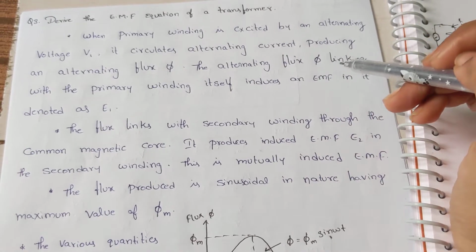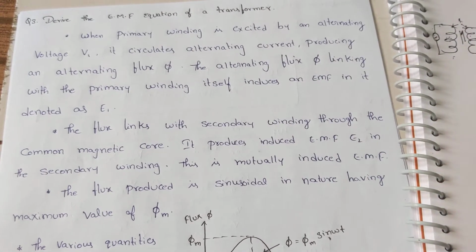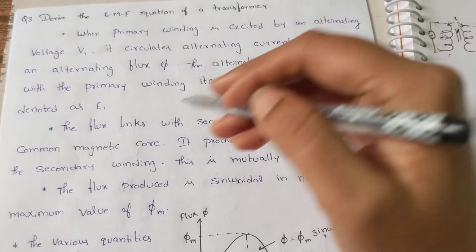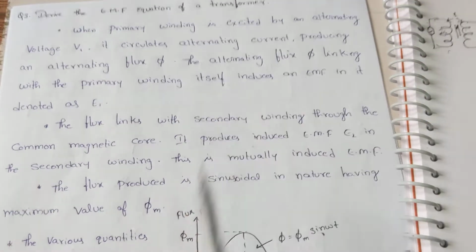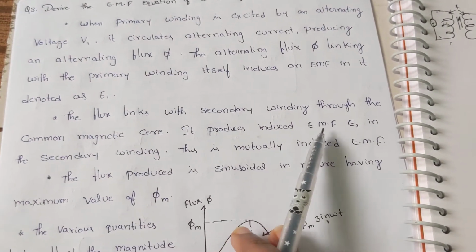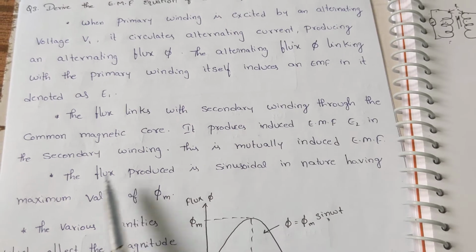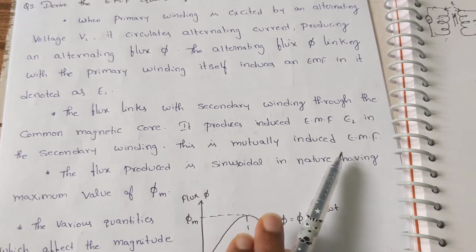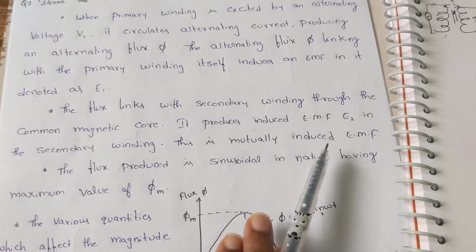When an alternating flux cuts its own winding, it induces an EMF of E1. If it cuts the secondary winding, it induces an EMF of E2 in the secondary winding. This EMF is called mutually induced EMF.